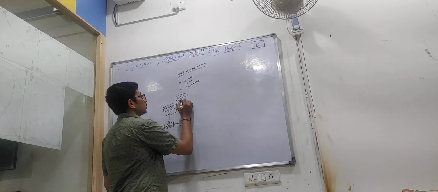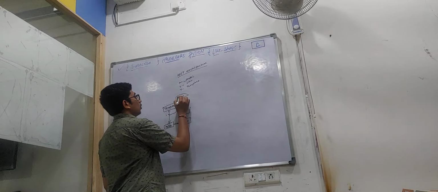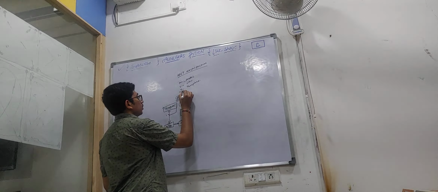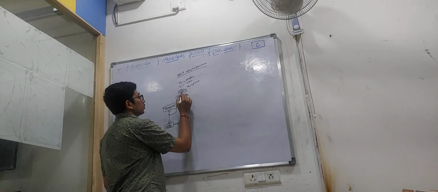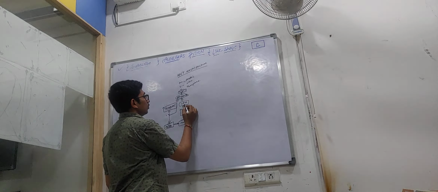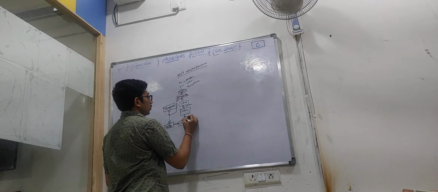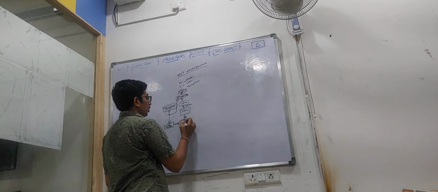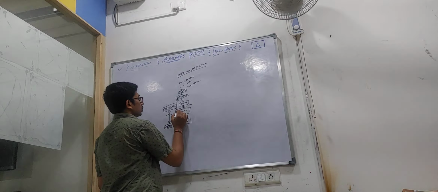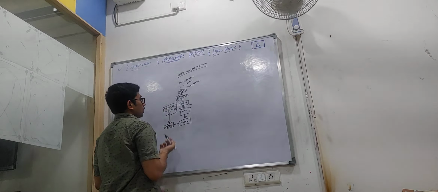Okay, this is the process. The user gives the input, it creates the URL and dispatches to the view, and views give to the model, and models go to the database, which is optional. Views go to the templates, which is optional.